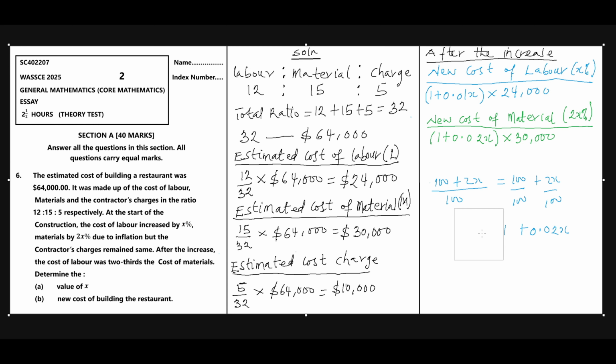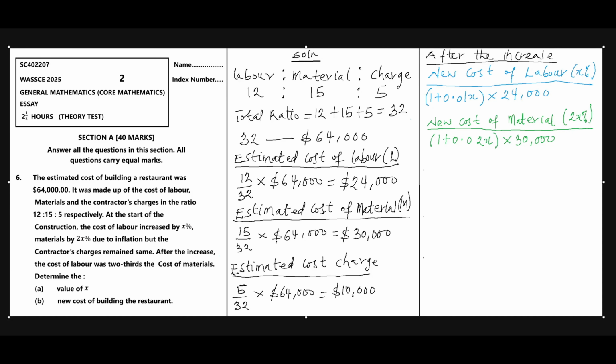But then after the increase due to inflation, what happened? We know that after the increase, the cost of labor was two-thirds the cost of material. This is the new cost of labor, the cost of labor after the increase: 1 plus 0.01x multiplying 24,000.